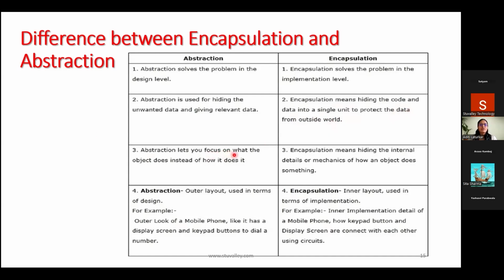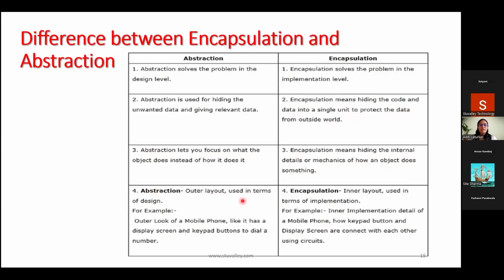Abstraction lets you focus on what the object does instead of how it does it. Encapsulation means hiding the internal details and mechanics of how the object does something. How the object is doing something, we are hiding using the encapsulation concept.